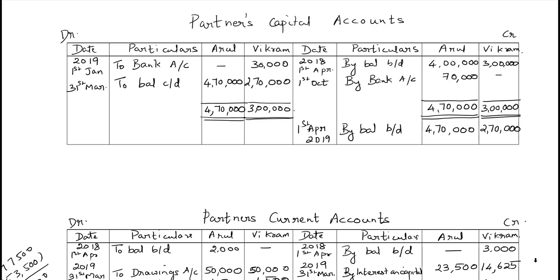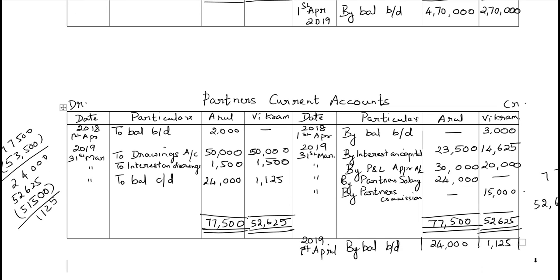As we saw, the partner's capital account will have only a credit balance. And after that, we prepared the partner's current account.